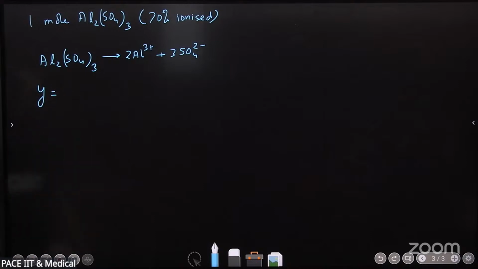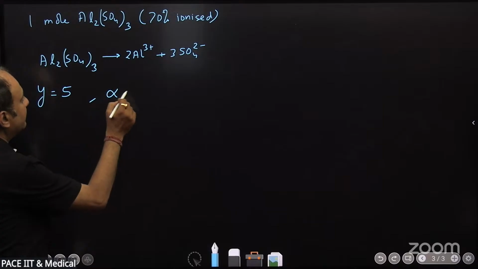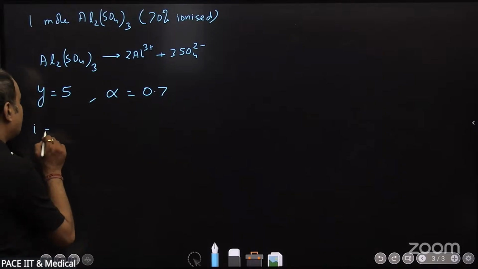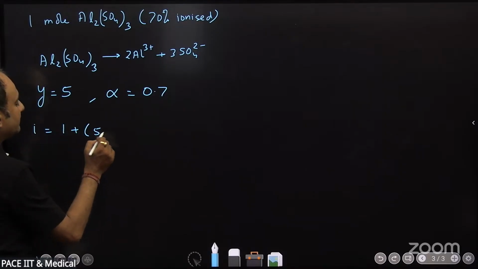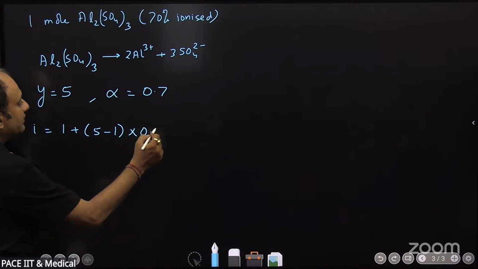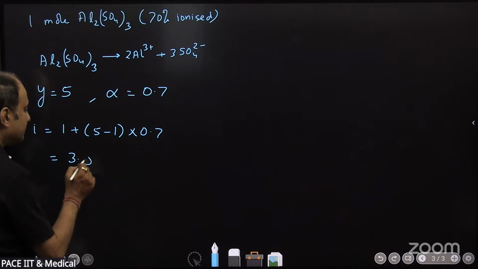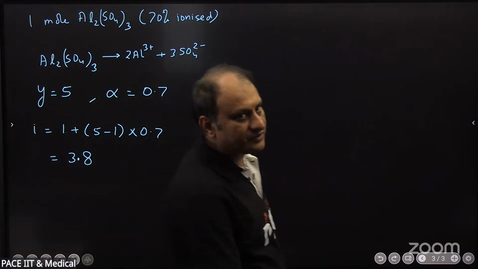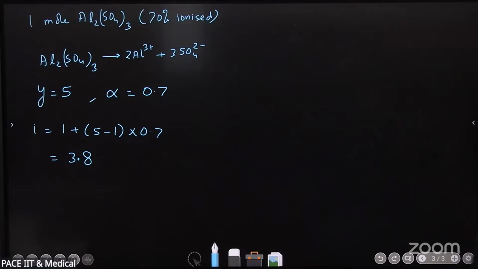So y here becomes 5, and alpha is given 70%, so 0.7. So Van 't Hoff factor will become 1 plus (5 minus 1) into 0.7, which will be 3.8. So if we dissolve 1 mole aluminium sulfate, we will calculate the colligative property by 3.8 moles.